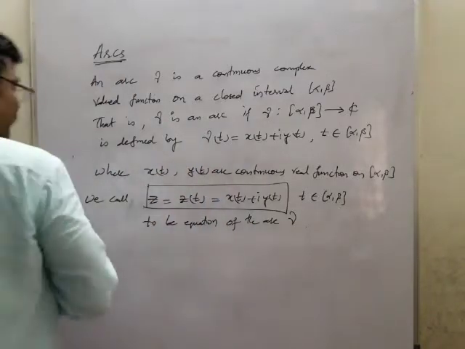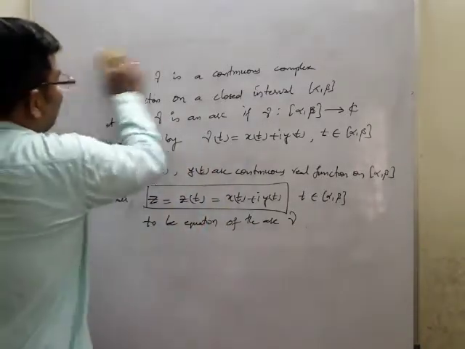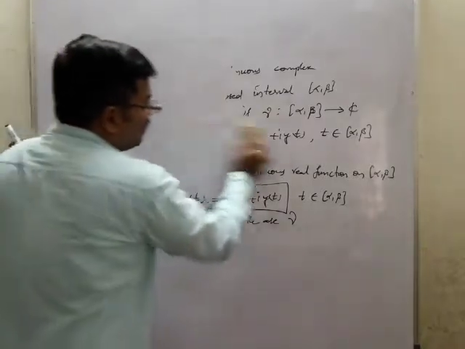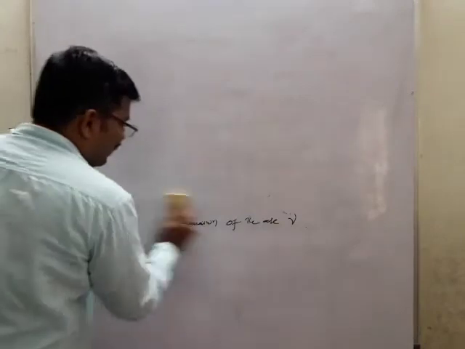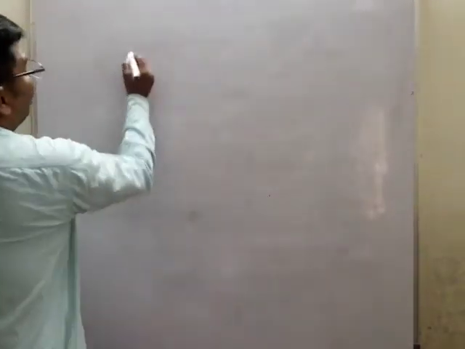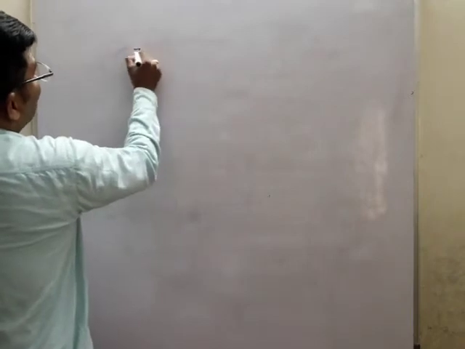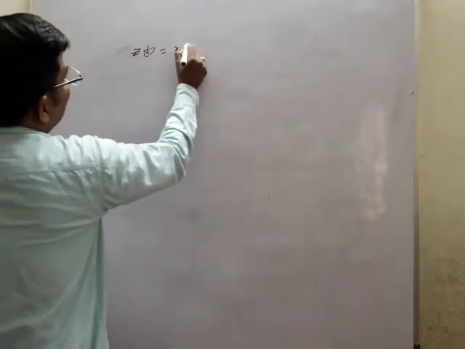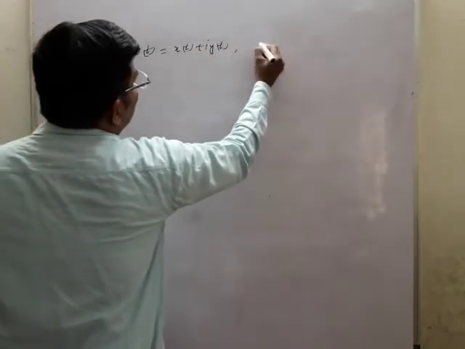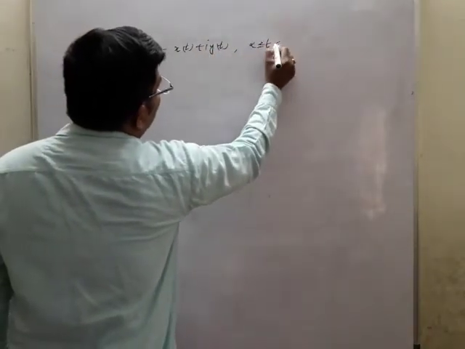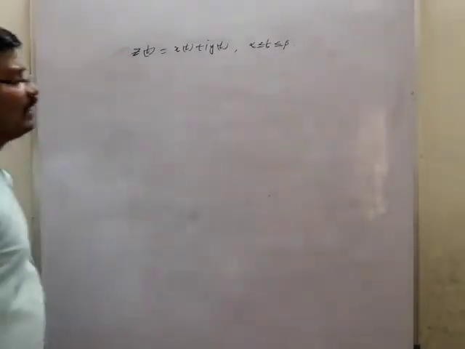Now this is the equation you have to remember. There are another simple definition, properties for the arcs that we are going to see. What we have taken is z of t is equal to x of t plus i y of t, where t is greater than or equal to alpha, less than or equal to beta, is the equation of the arc gamma.